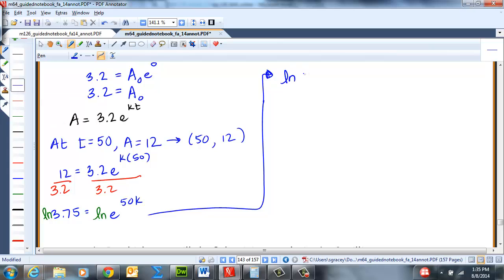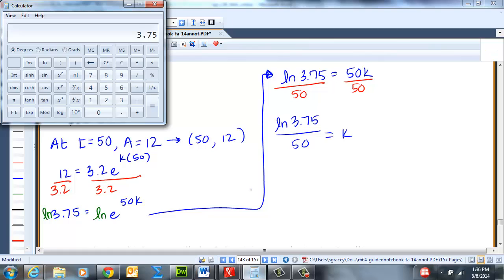The natural log of 3.75 is equal to 50k. Dividing both sides by 50, we will get the natural log of 3.75 divided by 50 is equal to k. So let's see what that is. We're going to approximate it, but we're going to go quite a few digits just so that we don't throw our answers off. So here we go.